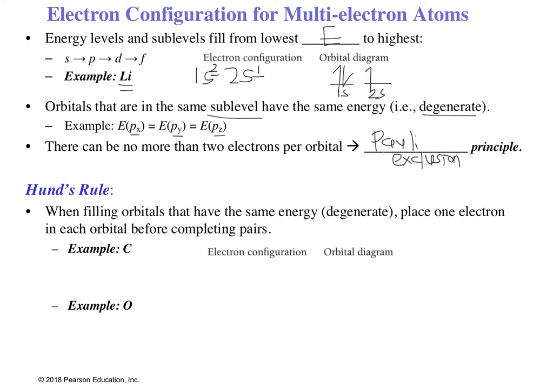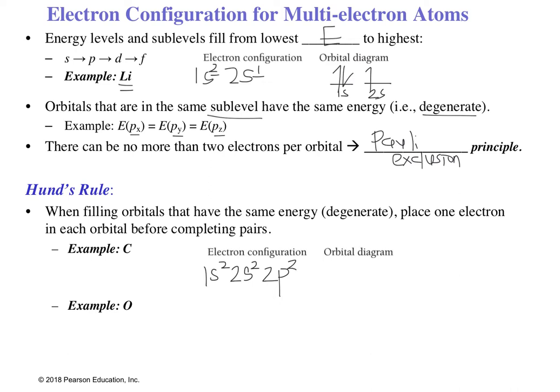So for example, we have carbon. Carbon has 6 electrons. So we'll have 1s, where we can fit 2. Then 2s, we can fit 2 electrons in an s orbital. Now we open up to the 2p. So we have 4 total, so we need 2 more in 2p.